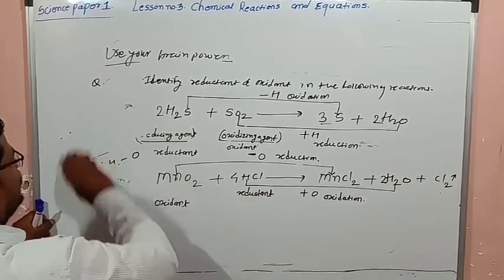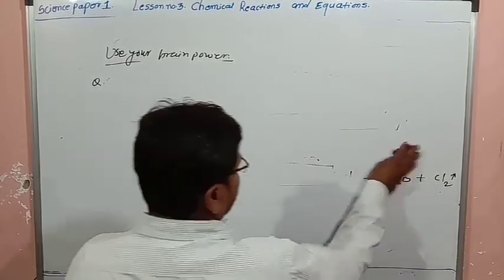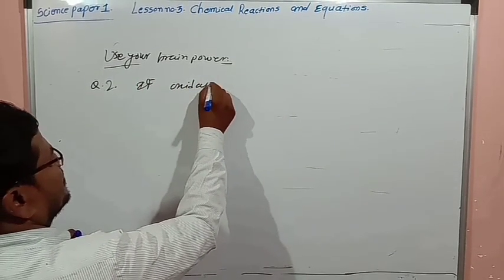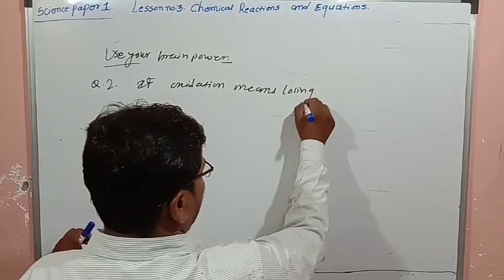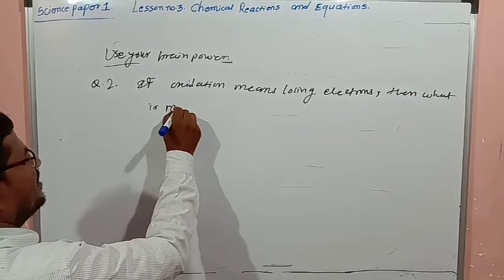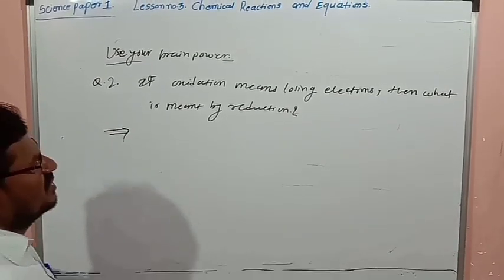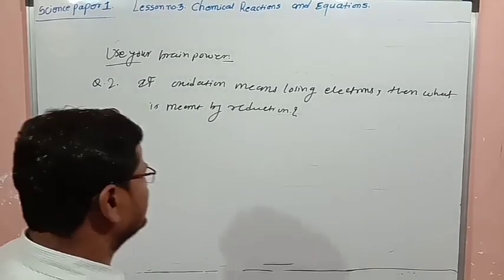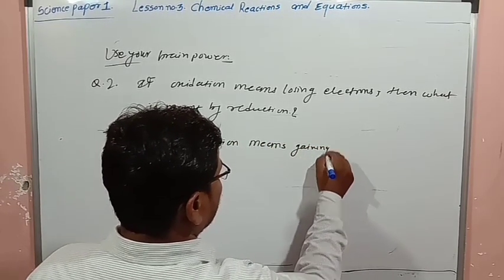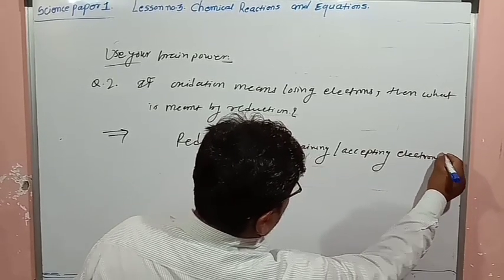The answer is: oxidation means losing electrons, then reduction means gaining or accepting electrons. Accepting electrons is the answer.